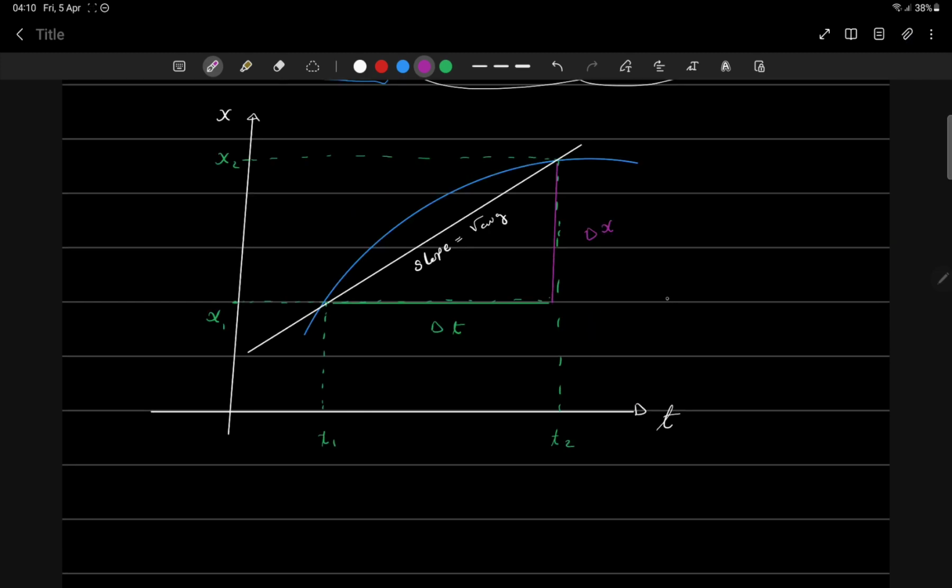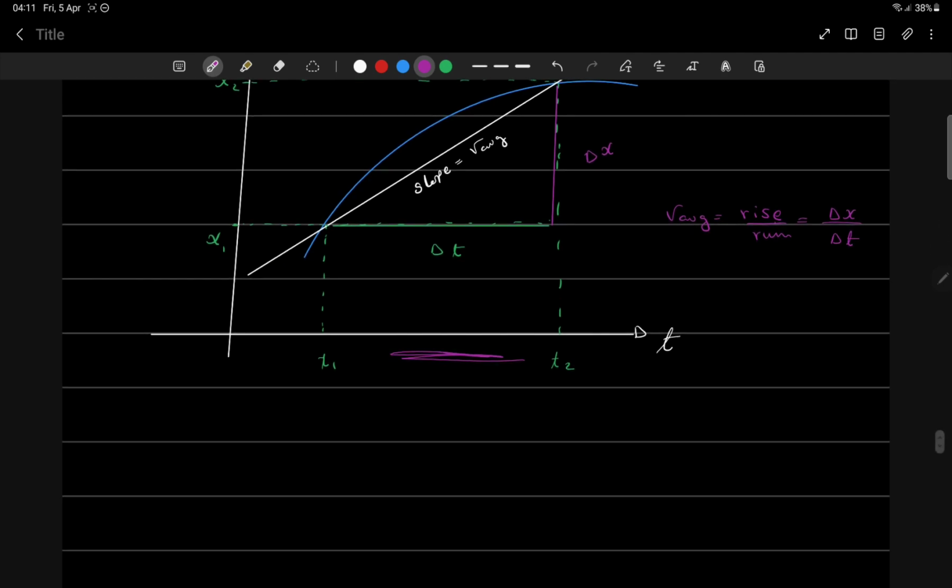And so by finding rise over run, or delta x by delta t, I will be able to find my average velocity for this period of time.